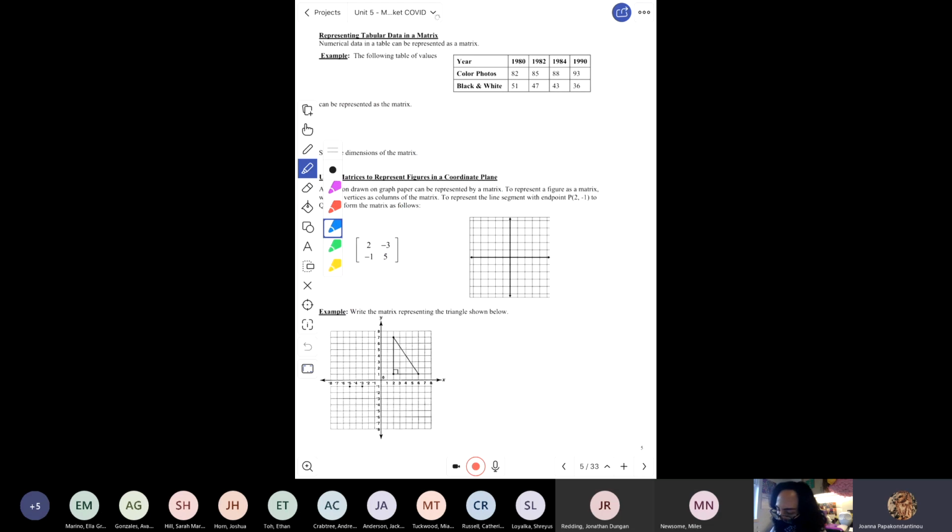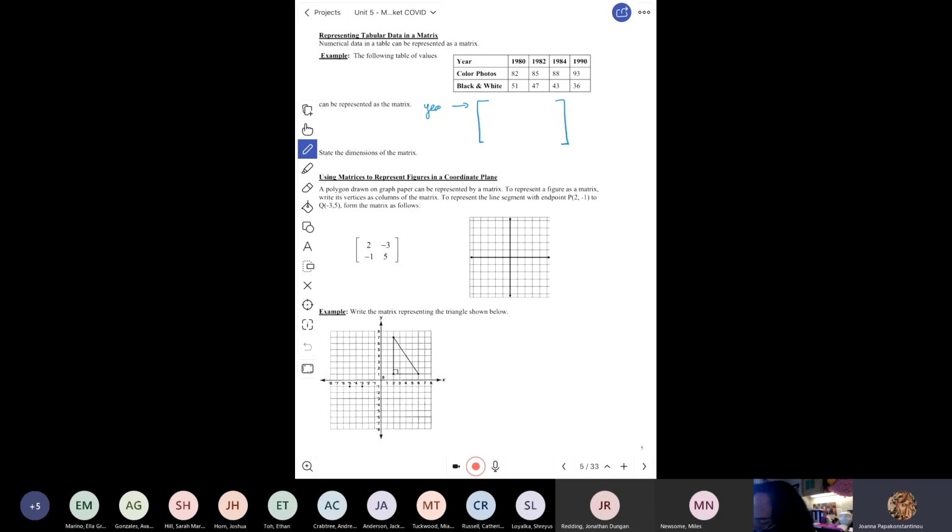All right. Now, what if you got this data? How would you write this data as a matrix? Well, there's many different ways I could do it, right? If I wanted to represent this data in a matrix form, the first row would be what? Represent the year.